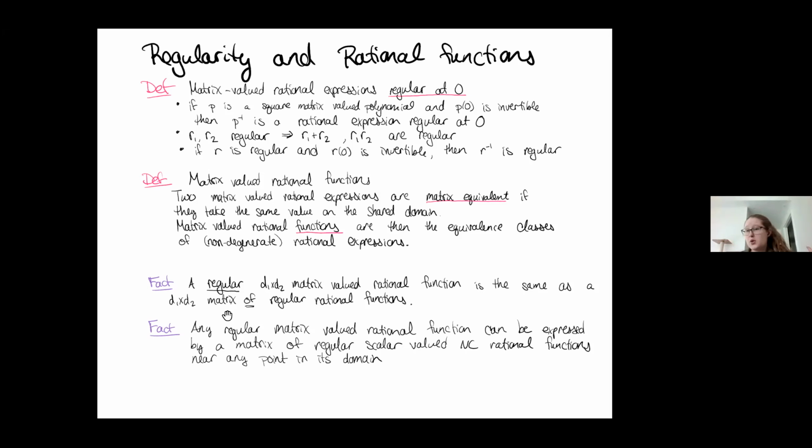This is of course formal, and I'm not thinking smart convergence thoughts, but you can sort of convince yourself. Similarly, any regular matrix valued rational function can be expressed by a matrix of regular scalar valued NC rational functions. So again, that goes back, same idea. You've got a power series of matrices or a matrix of power series. This is not precise, but I think it's a decent idea.